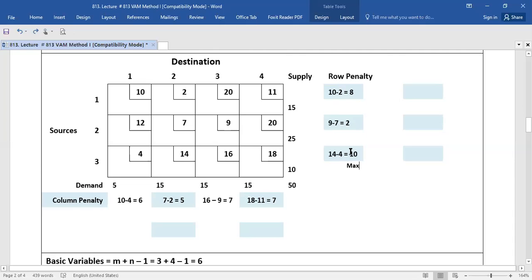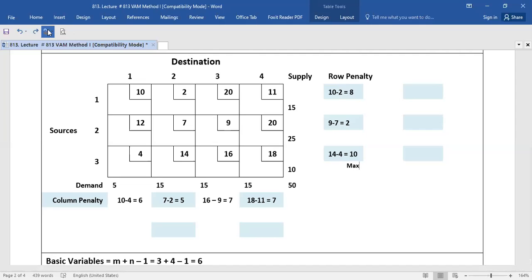So you will see which penalty is the maximum from among the other penalties. Here 8, 2, 10, 7, 7, 5 and 6. On both sides, this is the penalty which is maximum from all the penalties. So you will take this row where you will make your first allocation.